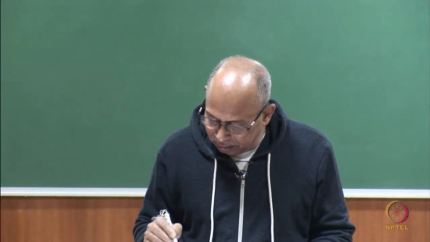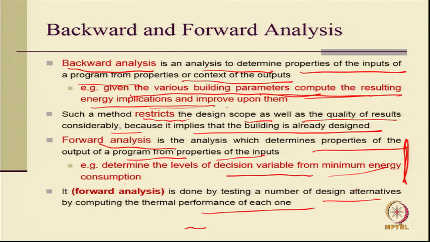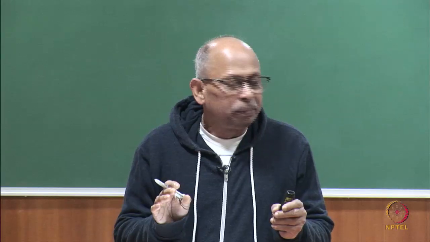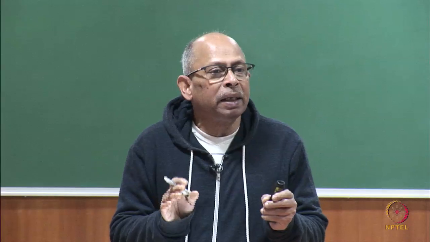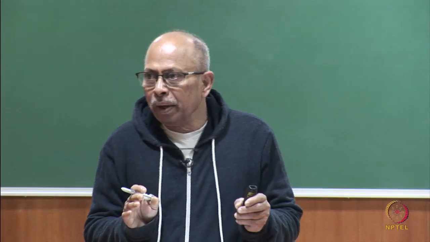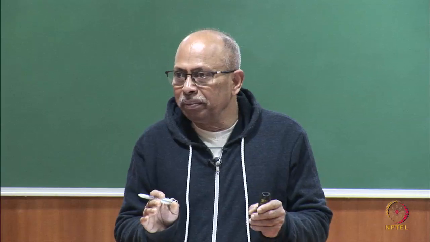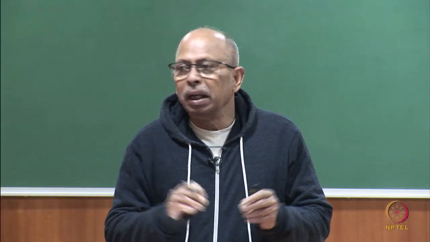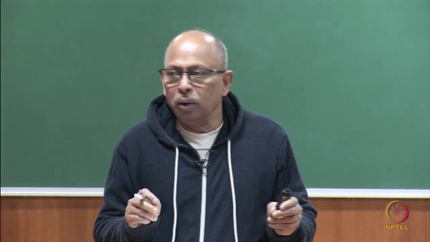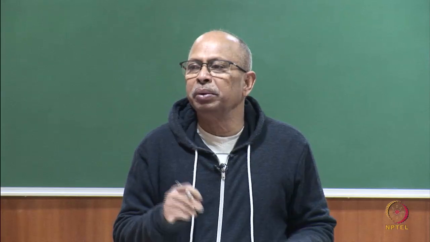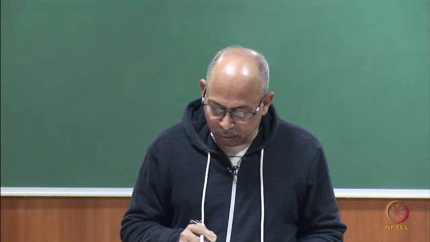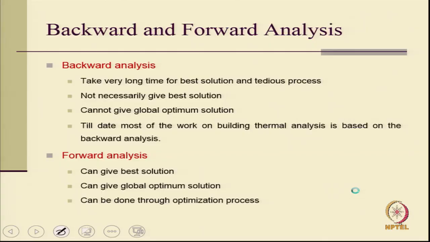So, what you can do is you have to have an objective defined, which will minimize, let us say, the energy load or maximize the comfort, and from your chosen orientation, shape, etc., it will select the best. So, forward analysis implies always an optimization process.